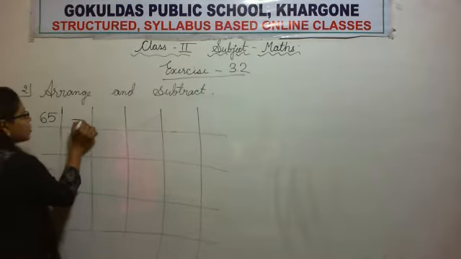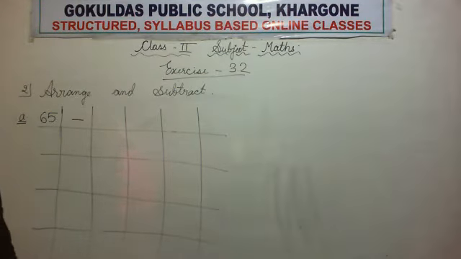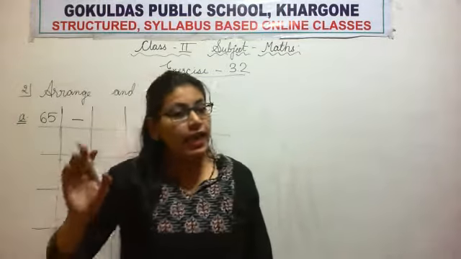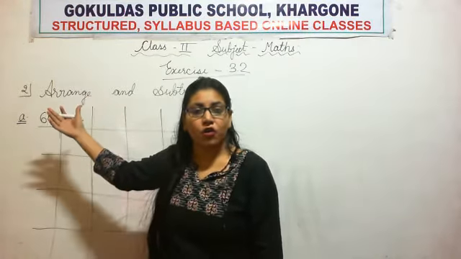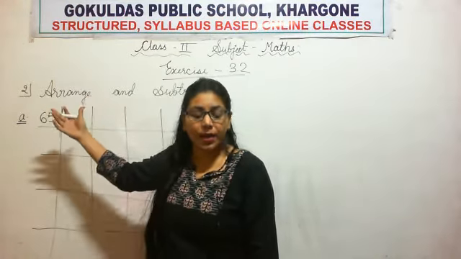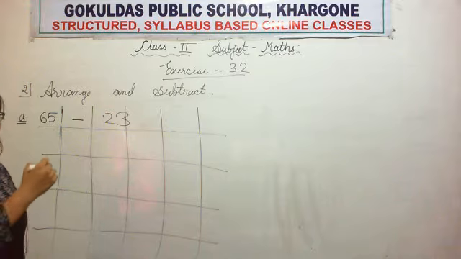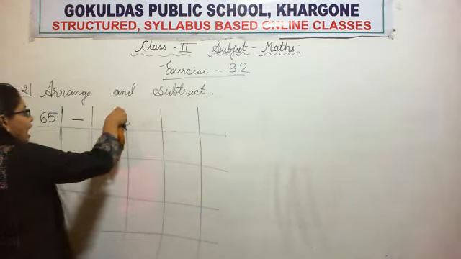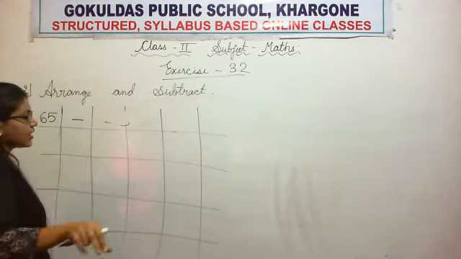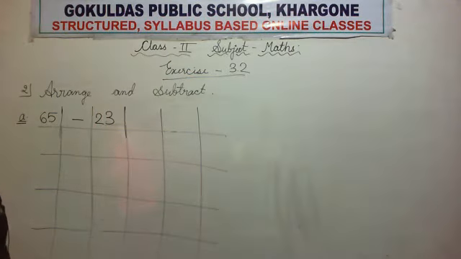Then the minus sign will go in a different box. Then the next number we write in a different box. Now 23. We will not write 23 like this. How bad it is looking. We will write 23 in the next box, like this.